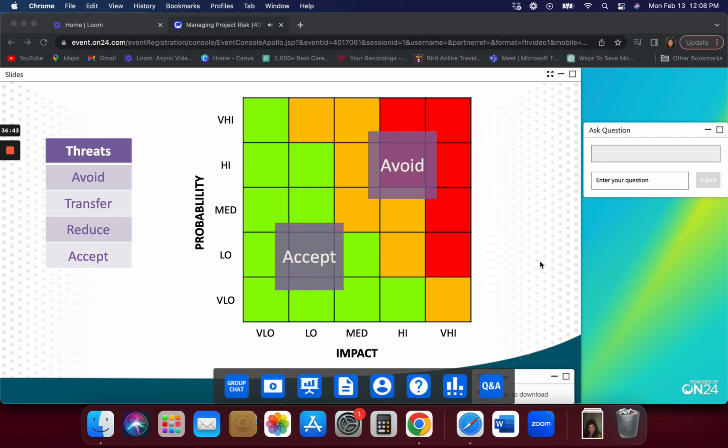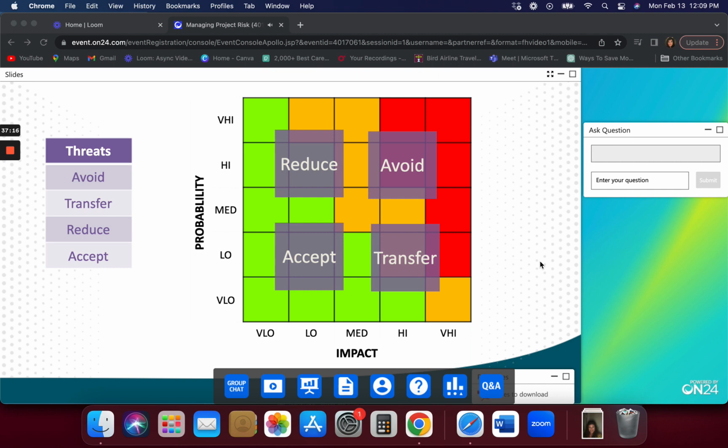If you wanted to transfer risks, you would probably transfer them to people who understand that area better. They're specialists in their field. And so that wouldn't necessarily change the probability, although it might, but it would certainly affect the impact. And the one that we would probably keep in-house and reduce ourselves is the one with the high probability and the lower impact.